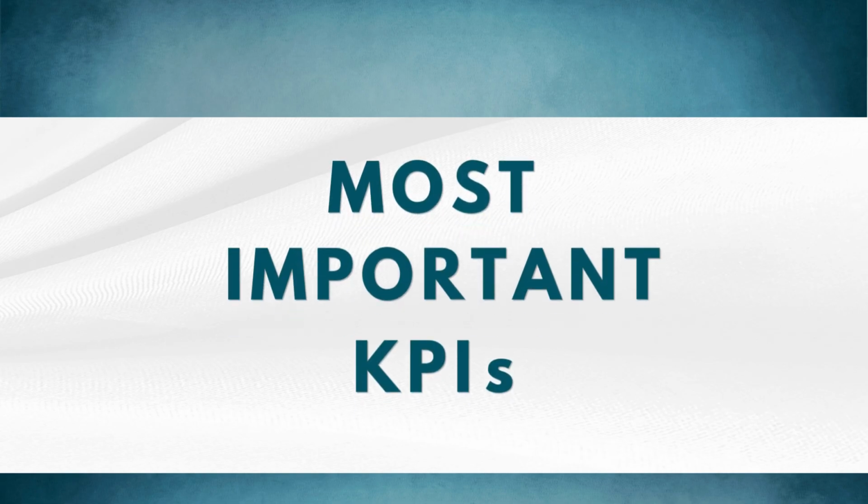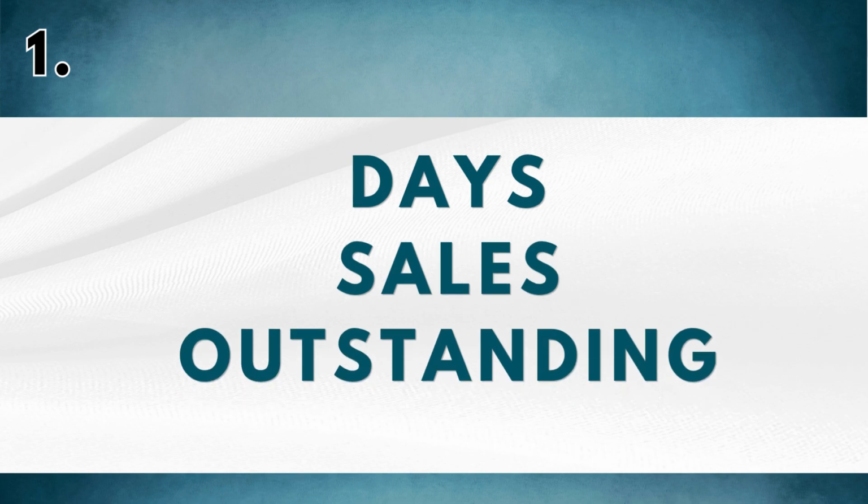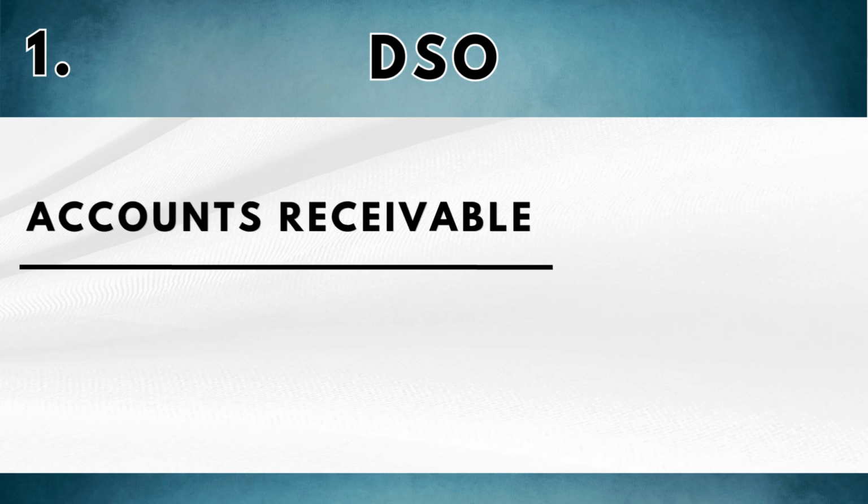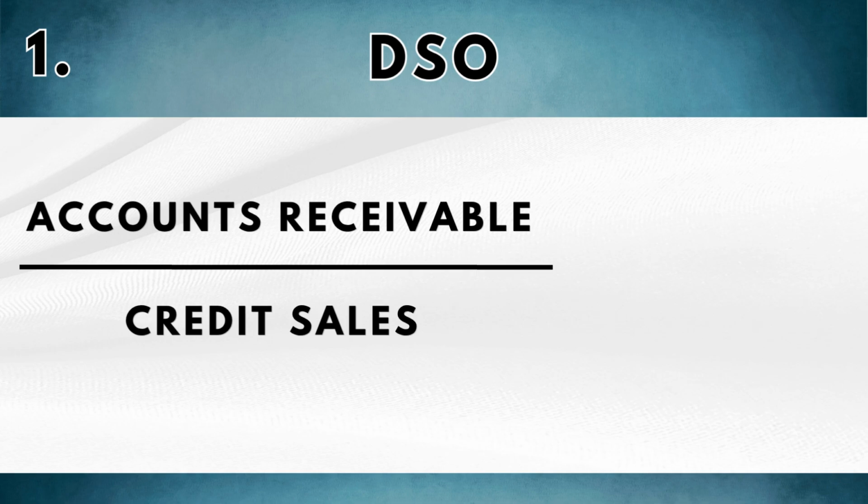The first and most important KPI is the Days Sales Outstanding, also called DSO. It tells you the average number of days a company takes to collect payment after a sale. The formula for DSO is accounts receivable divided by credit sales multiplied by number of days.